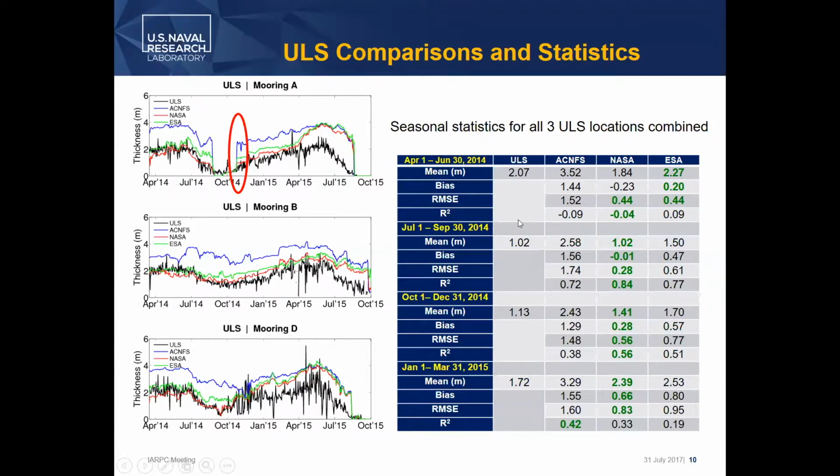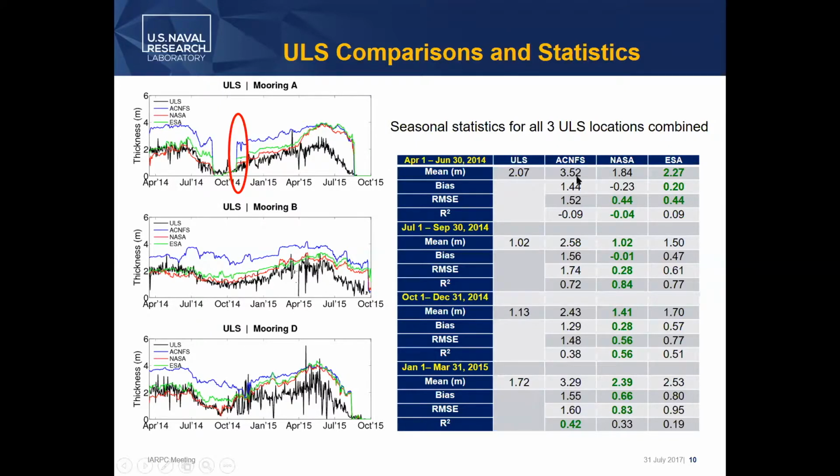And the table on the right shows you summary statistics by season. So the first quartile shown here on the top, this is April 1st to June 30th of 2014, and we're going to call that the spring season. So the ULS average, and this is for all three stations, averaged is a little over 2 meters.